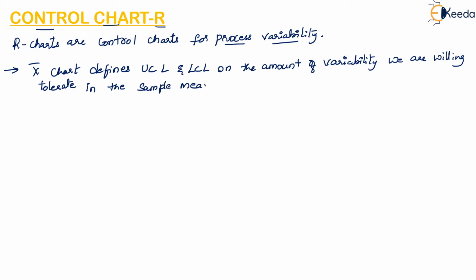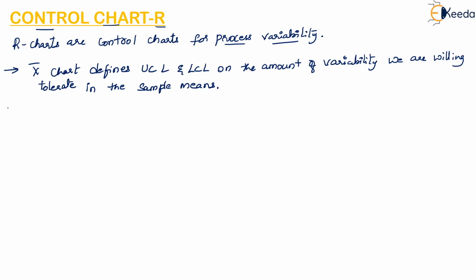How much variability we can tolerate in the sample means, we define with the help of this X bar chart, which gives us the upper control limit and lower control limit.